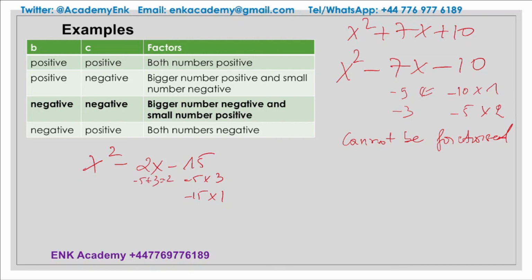Minus 15 plus 1 equals minus 14. So this is alpha plus beta, and this is alpha times beta. We see that these two numbers correspond, so this expression can be written as x minus 5 times x plus 3. That means the bigger number is negative and the smaller number is positive.